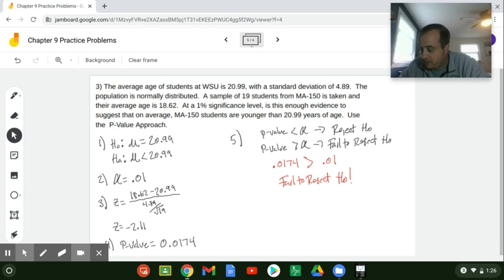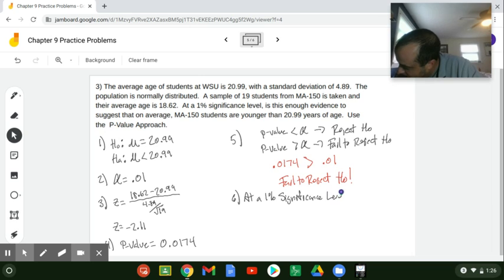And then now we're going to write the conclusion just how we normally would. At a 1% significance level, I fail to reject the null hypothesis.